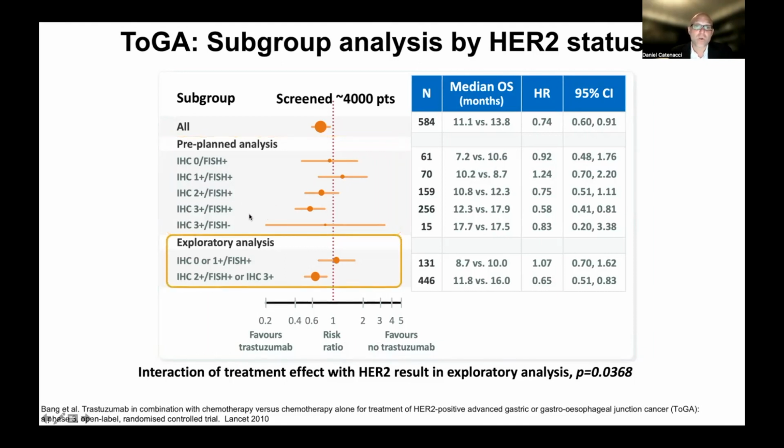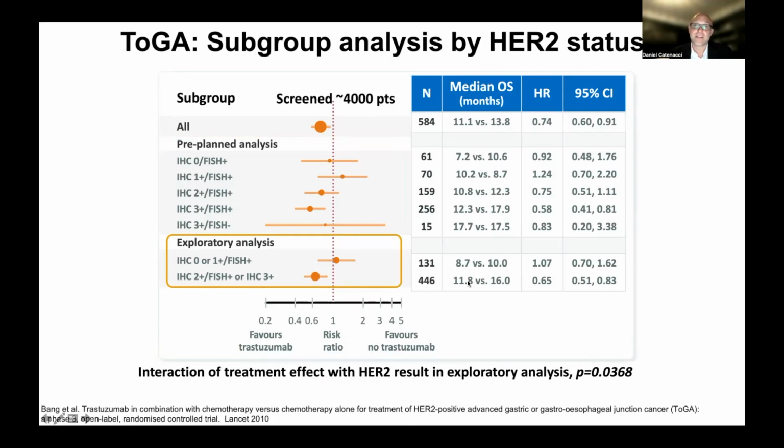So in an exploratory analysis based on those results, bunching those patients that had low-level expression or no expression of HER2 by IHC compared to those that had 2+ and FISH positive or 3+ with or without FISH positivity, you can see that the real benefit lies in those patients that had higher levels of expression and FISH positivity.